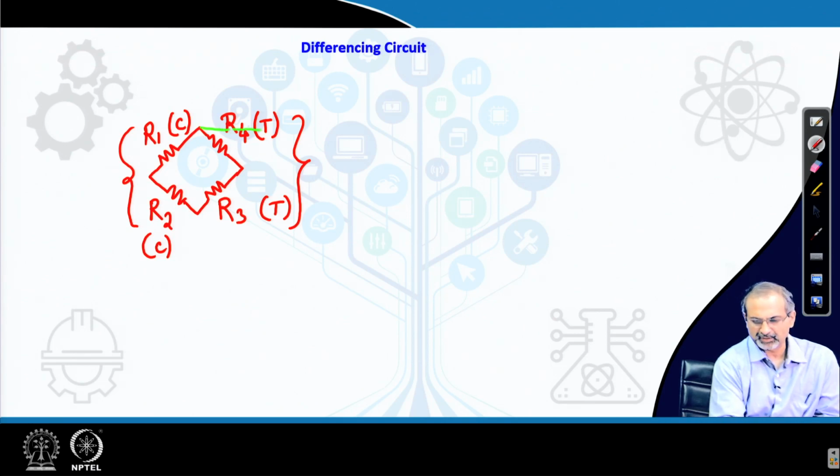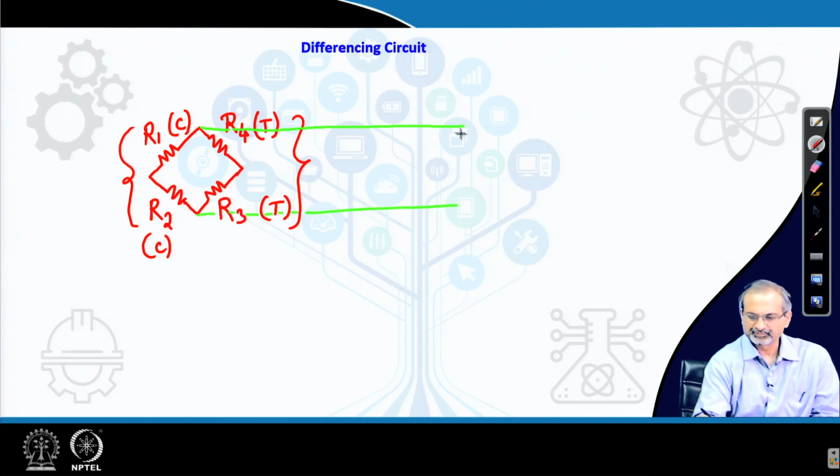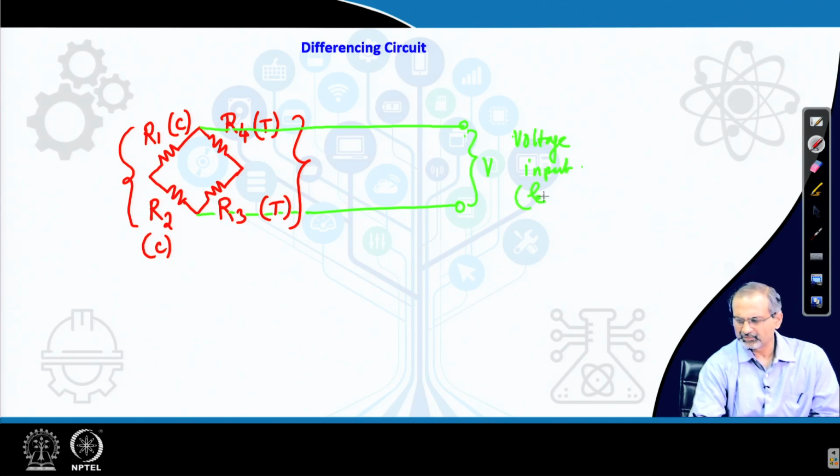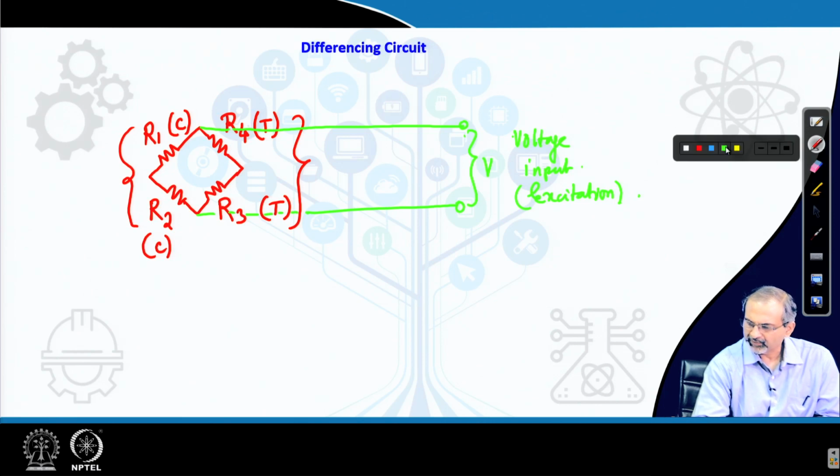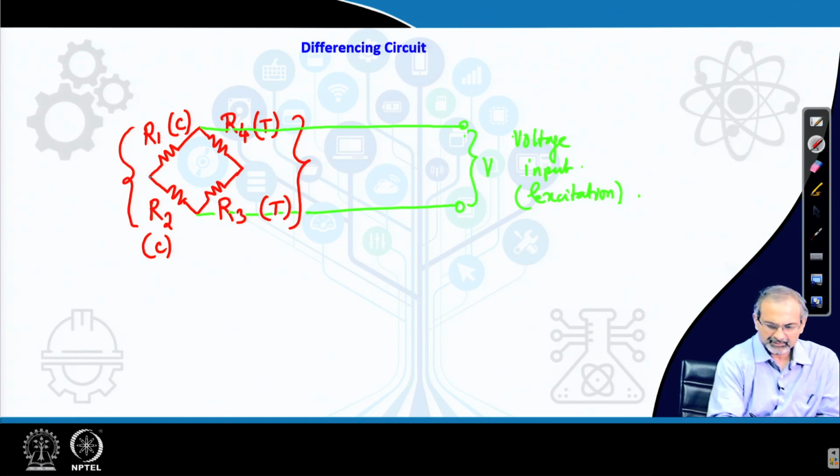Now, let me use some other color so that you can more easily see. So, this is the excitation that you are providing, this is the voltage input. Which we also called as the excitation, and what you finally need as output from the transducer that comes on the other side.